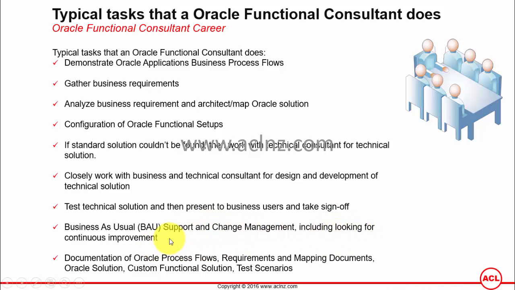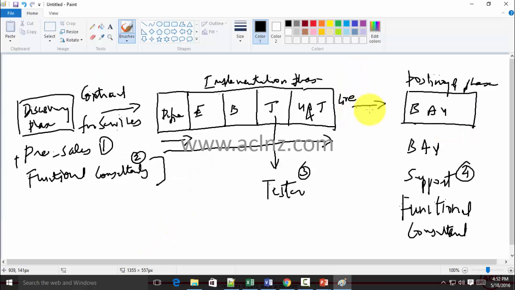So here this point covers 2 areas. One is business as usual, or BAU support. This comes after a project goes live, which is this stage, BAU support. There is a separate support functional consultant who looks after this.